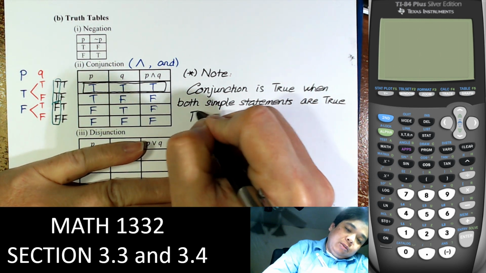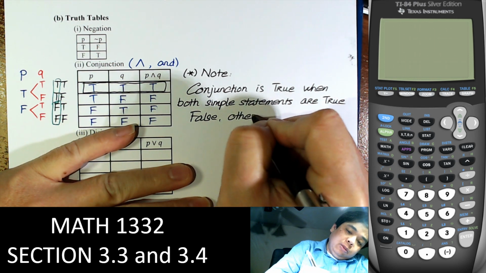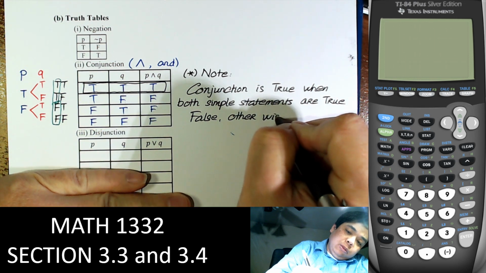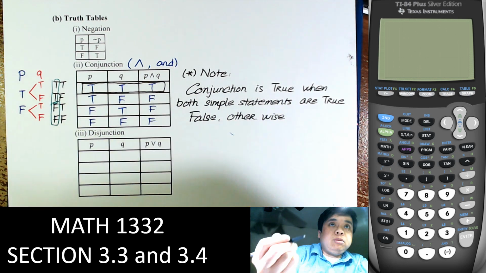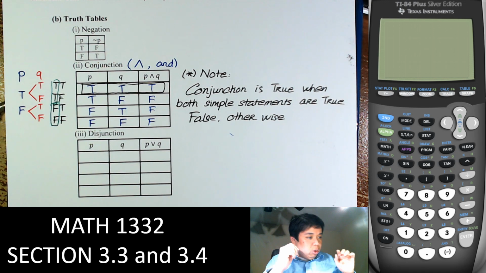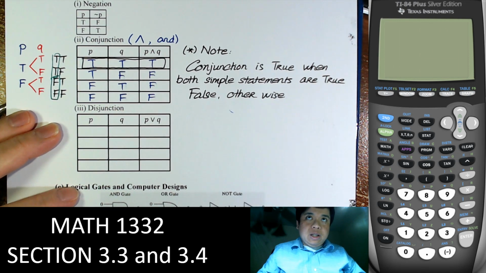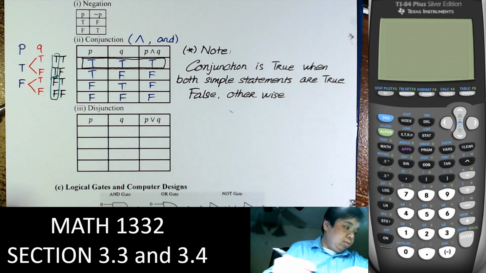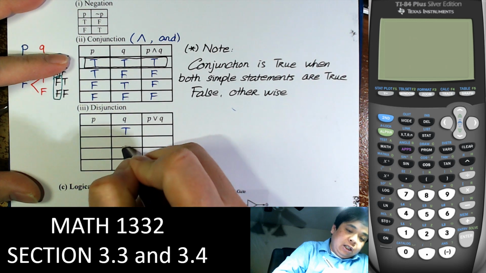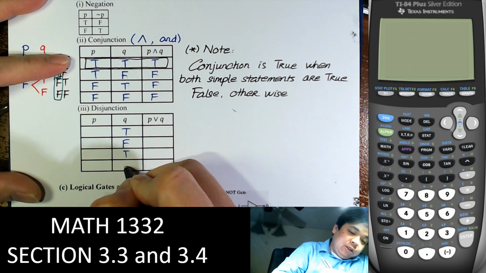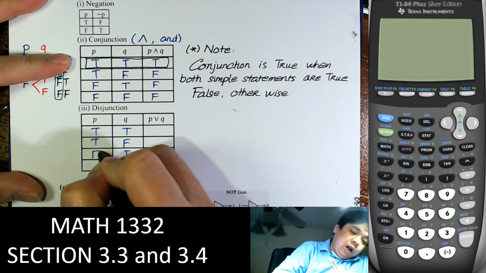False otherwise. So that's what we have. We'll do a lot of examples later. Right now, let's just go over the important things here. Right, next. Same thing, alternating on the last one, and then alternating every two in the column before that.